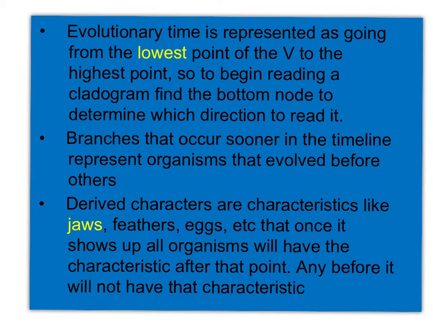And those derived characters were those characteristics like feathers in birds, or having a jaw in fish, laying eggs. Anyway, once it shows up, everything that evolves after it will have that characteristic. And I'll show you on a picture in just a second. So any before it will not have it.